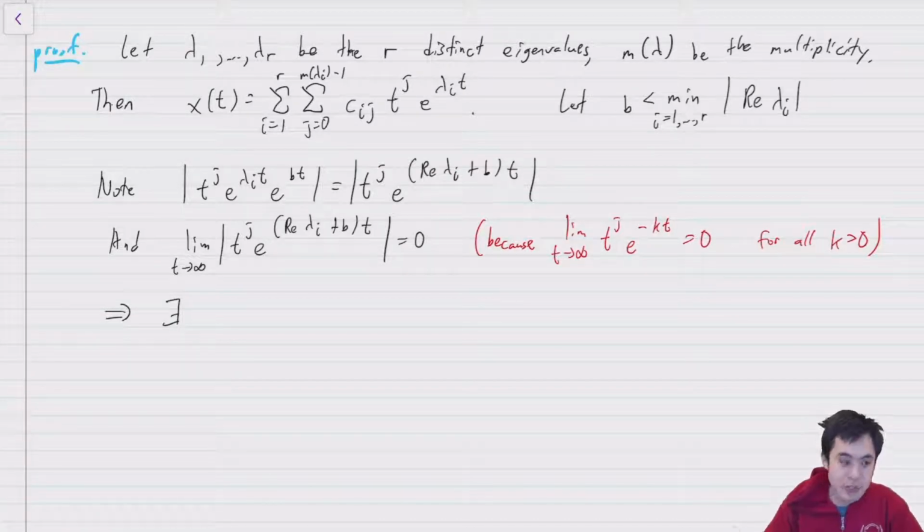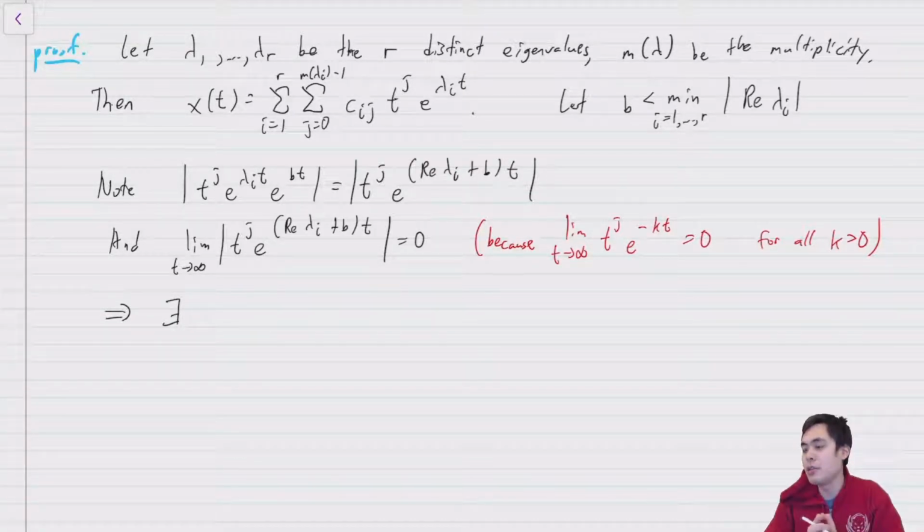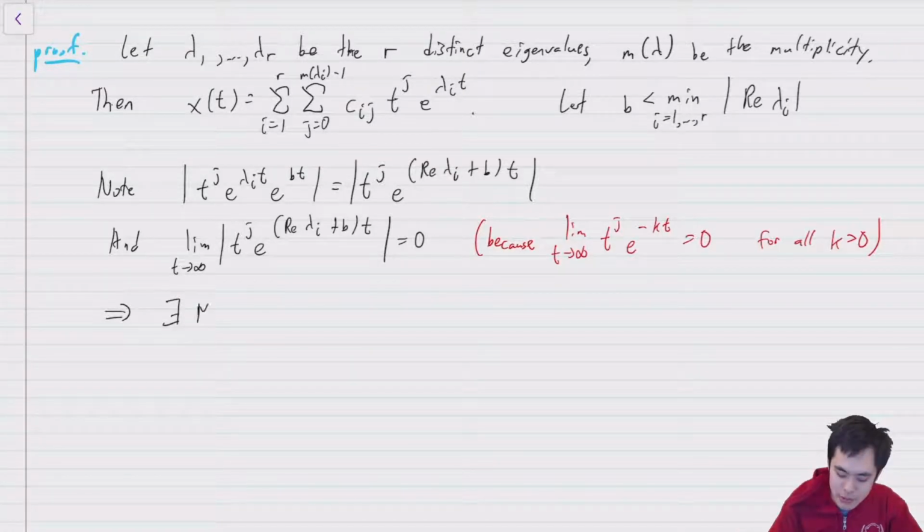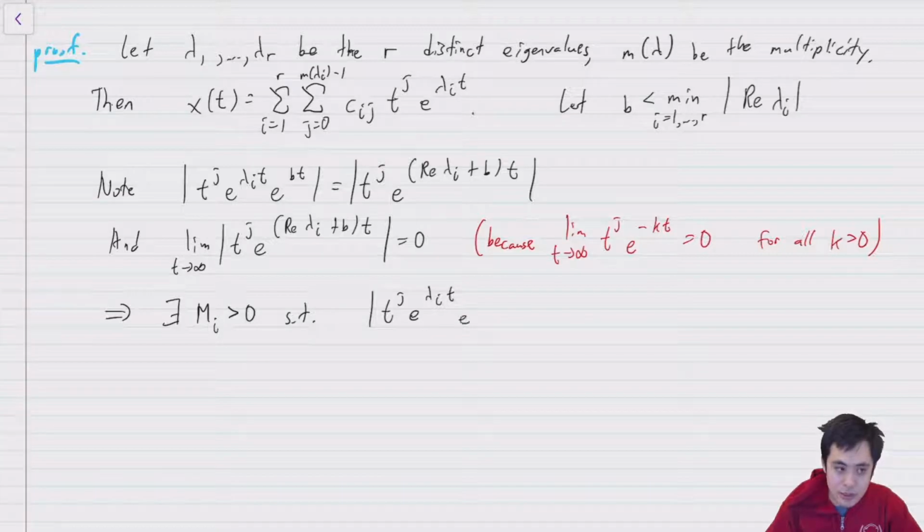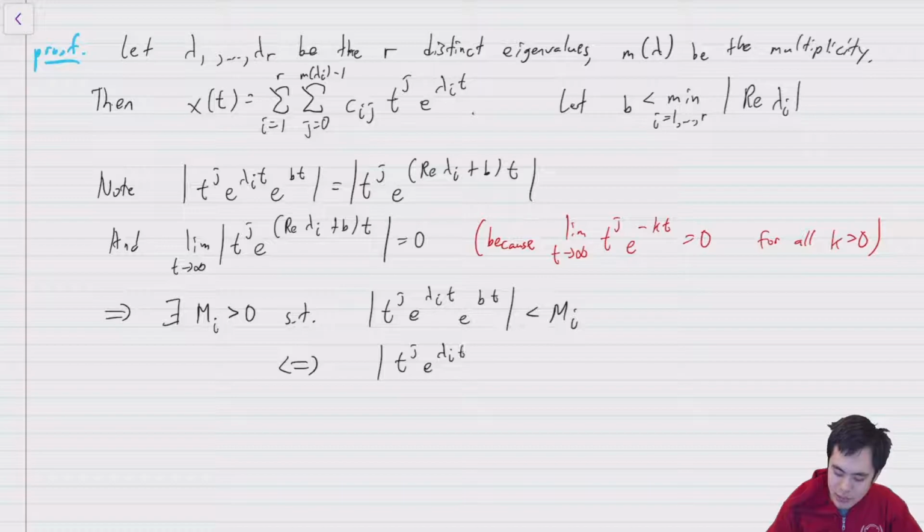So note that this entire thing goes to 0, right? So since it goes to 0 and you have some initial starting point, this implies that the entire thing is bounded. So there exists some mi greater than 0 such that t to the j, e to the lambda I t, e to the bt, is less than mi, which is equivalent to saying that the absolute value of t to the j, e to the lambda I t is less than mi e to the minus bt.